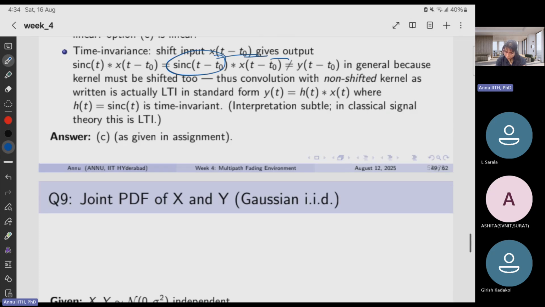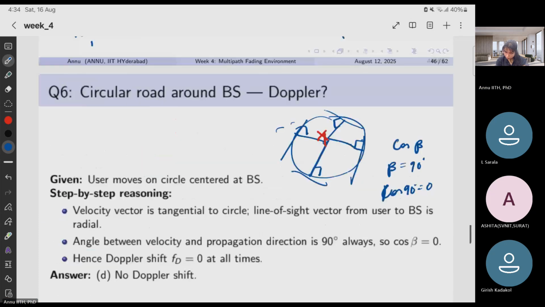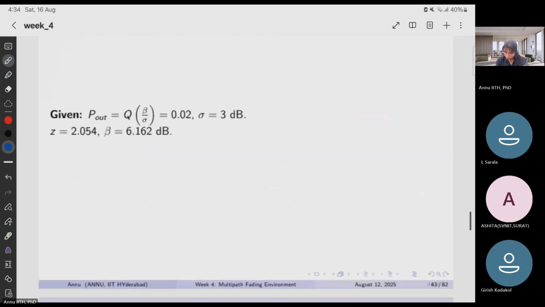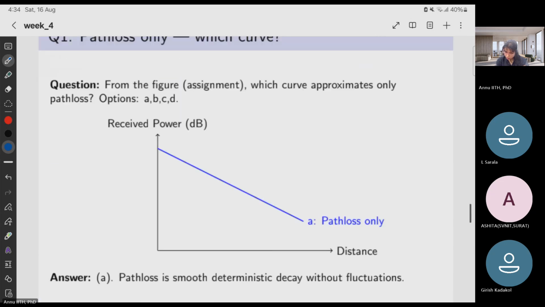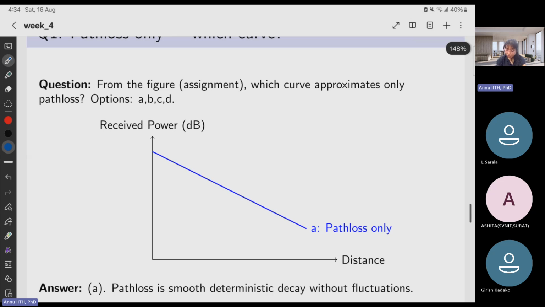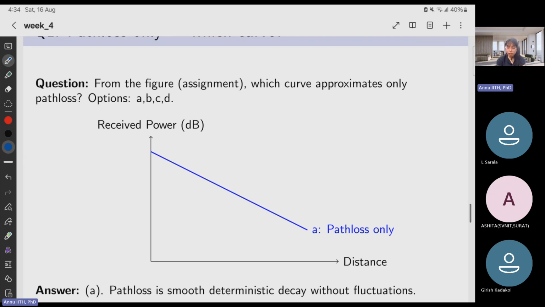Marginal PDM. There were different types of curves given. So I plotted which curve approximates only path loss. If we have received power and the distance, how does the path loss vary in dB?